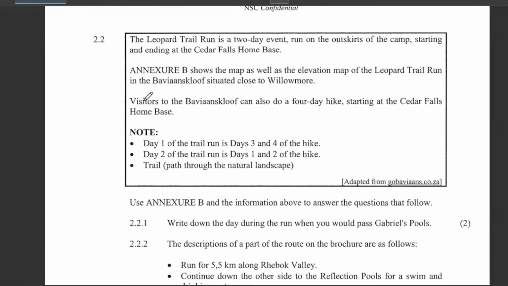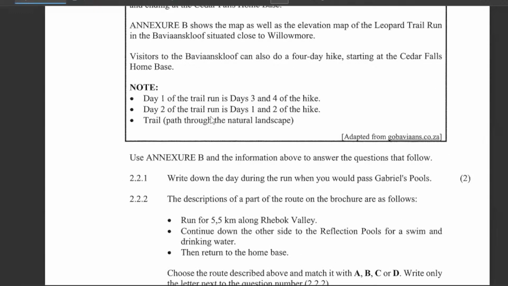Visitors to the site camp can also do a 4-day hike starting at the Caldera Falls home base. Here we go. Day 1 of the trial run is day 3 of the hike. Day 4 is hiking. Day 2 of the trial run is days 1 and 2 of the hike.